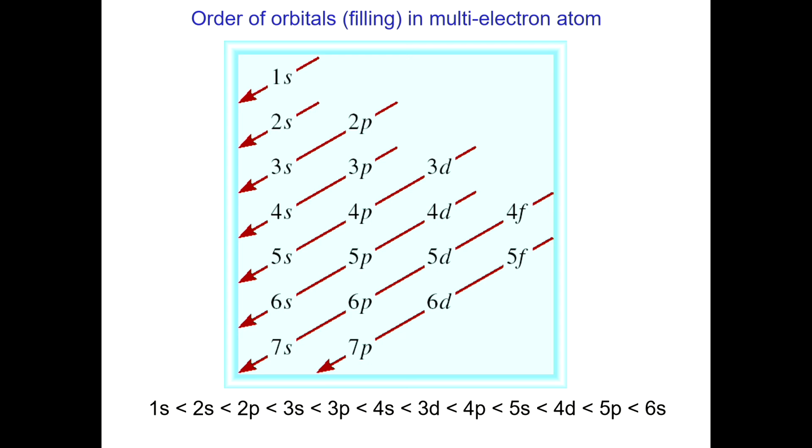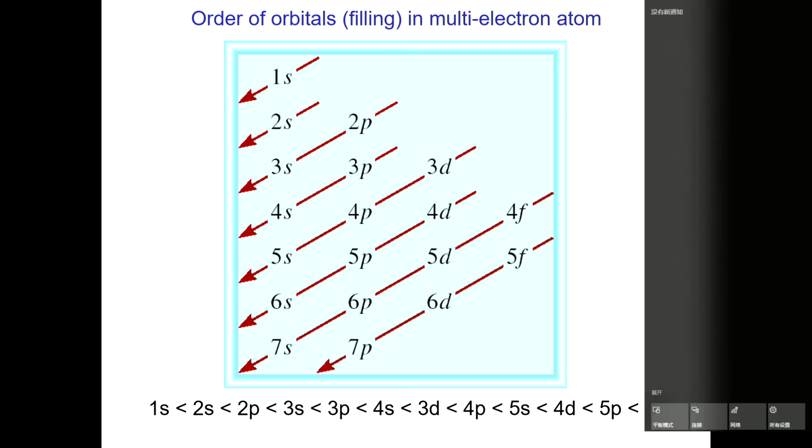Yes, the first shell holds 2, the second holds 8. I will introduce this later. For magnesium, it's 2, 8, 2. Okay, actually it's the same. First of all, this is also 2, right? The second is 8, right?